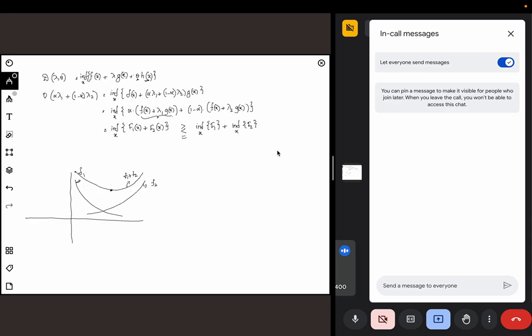what we can say about this is, I can put something like this. In general, the minimum value of the summation of two functions will be greater than or equal to the summation of the individual minimum values, right? And what are these individual terms?